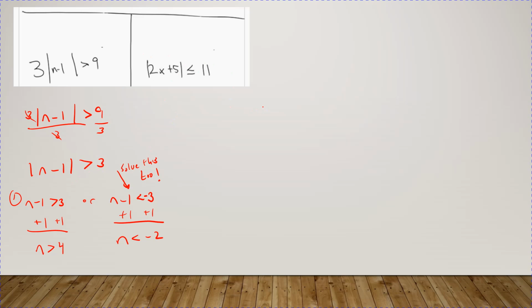So you apply the same principle here. The absolute value of 2x plus 5 is less than or equal to 11. So you get one solution is that 2x plus 5 is less than or equal to 11. Or you have this other property that says 2x plus 5 has to be greater than or equal to 11. So you flip the sign and you make it negative here.